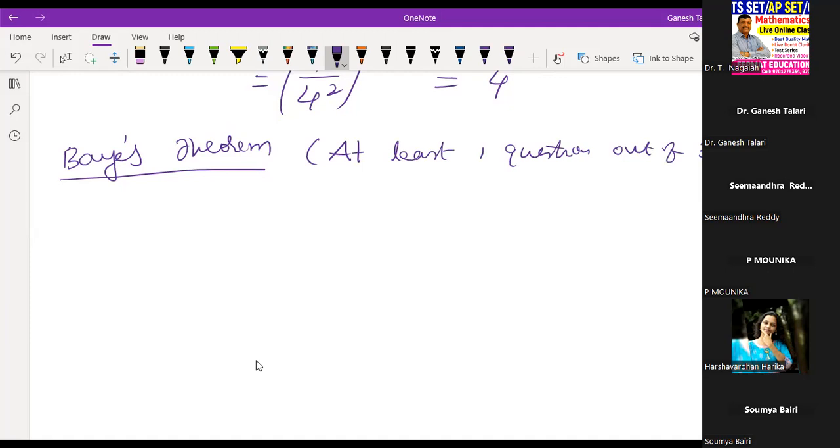So first, the statement. What is the statement of Bayes theorem?